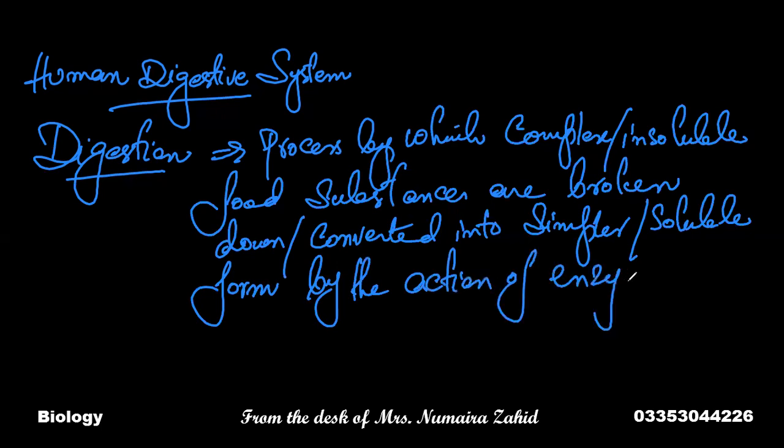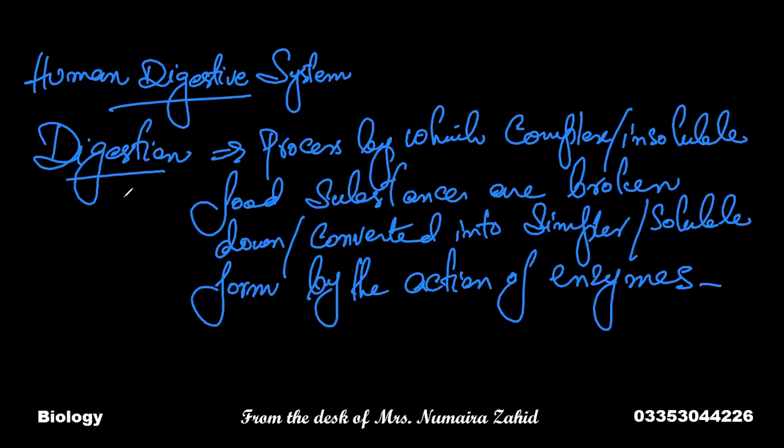Here it is completely defined what digestion is. So digestion is the process during which complex insoluble food substances are transformed, converted, or broken down. We can use any term. Into a simpler soluble form by the action of enzymes is called digestion.